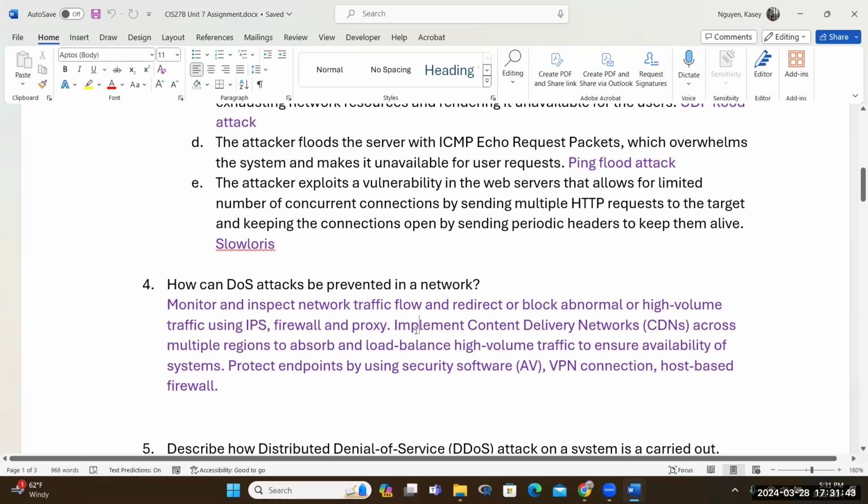So how do all these e-commerce websites stay alive, even though there are many attacks? I'm sure if you look at their logs on their firewall, there will be a lot of different servers in place. If you look at Facebook or Instagram or social media websites, they have what's called content delivery networks.